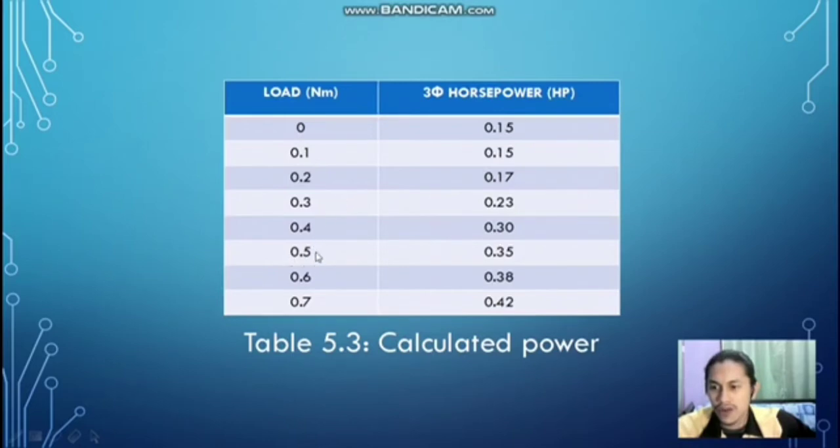For the 0.5 Nm, the horsepower is 0.35 HP. For the 0.6 Nm, the horsepower is 0.38. And the last one is 0.7 Nm and the horsepower is 0.42. So the shape of this horsepower is increased from 0 Nm to 0.7 Nm.